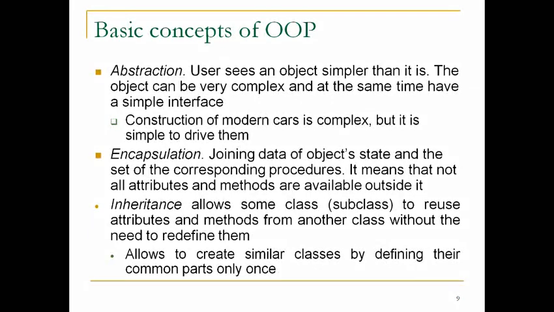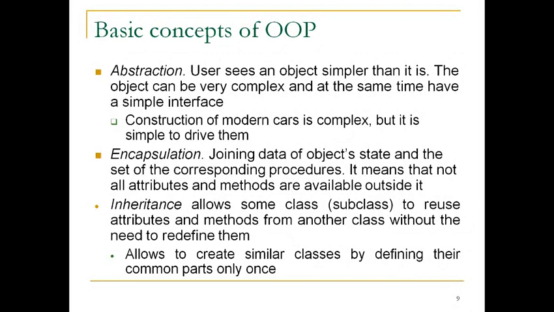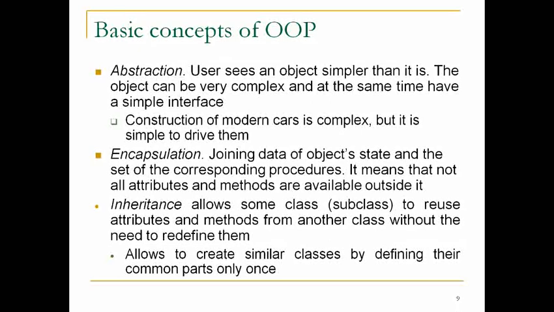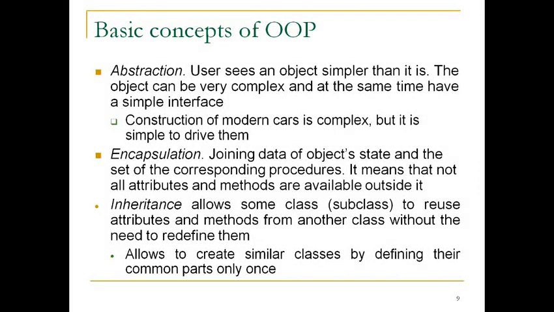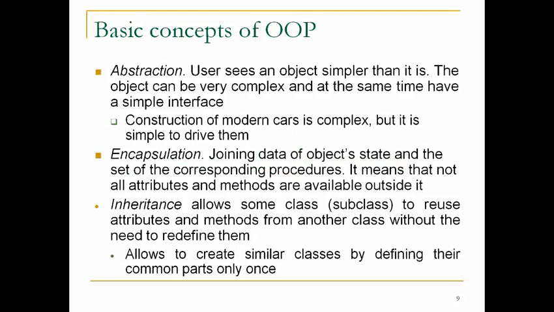Then we can take all attributes of the class person and add some additional attributes. We don't have to recreate these attributes that we already have. These are three main concepts of object-oriented programming.